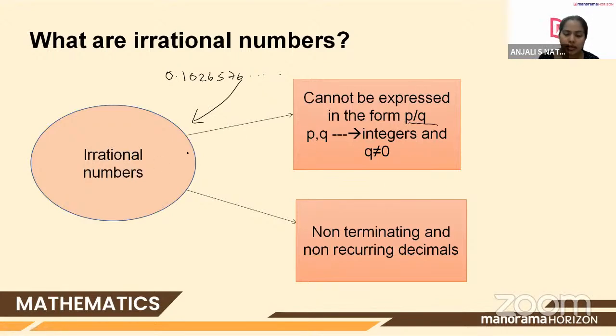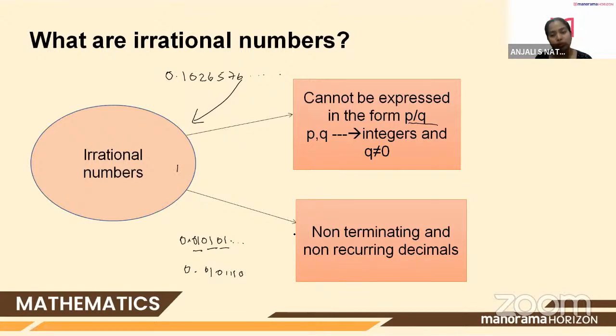What is a recurring decimal? It has a definite pattern. If we take an example, 0.010101, if it is represented in this pattern, 010101, that is a recurring decimal. But irrational numbers are non-recurring. That is, they don't have a definite pattern. It will continue in a different pattern.